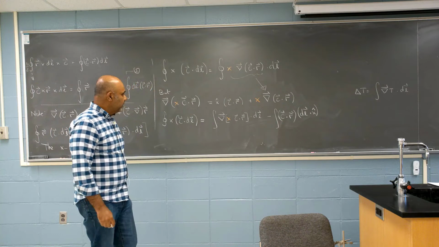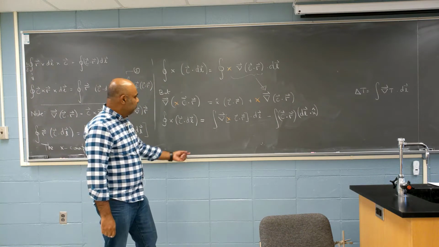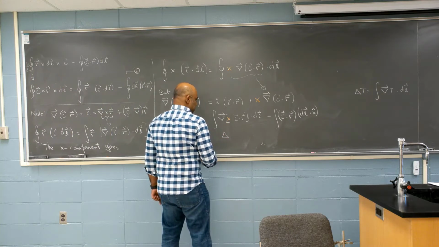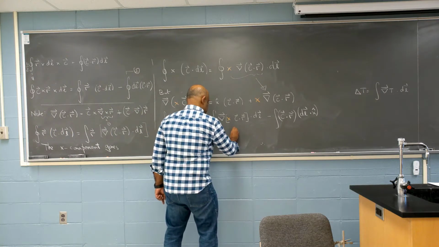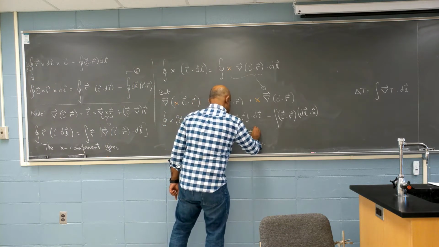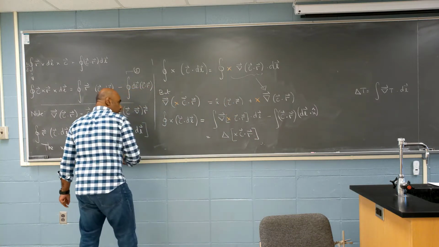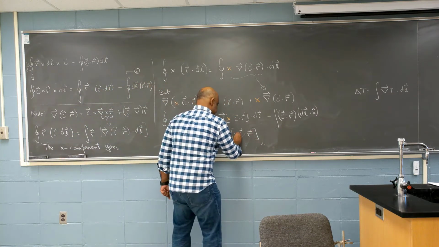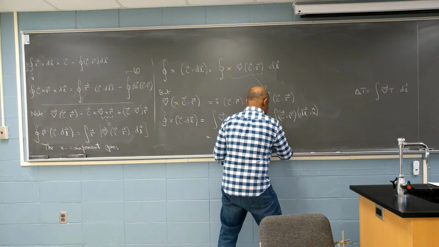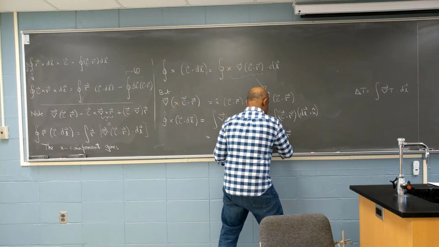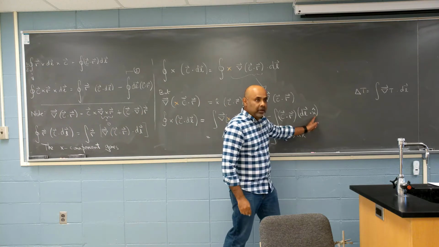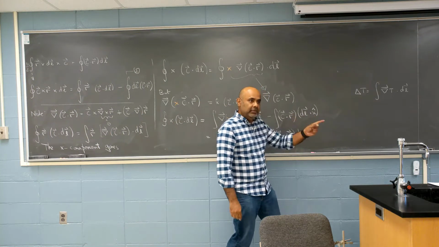Correct? So it is color coded. Oh, this is dx, see? dl dot x hat. dl is what? dx, dy, dz.